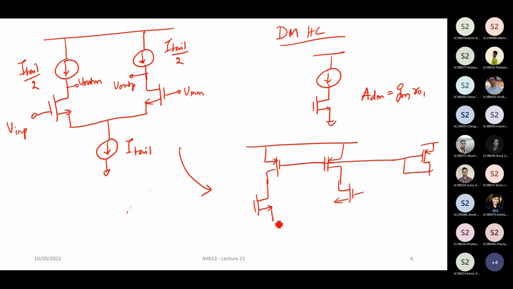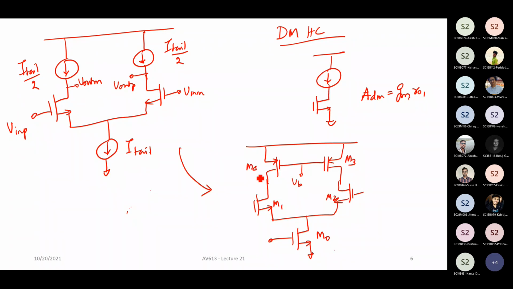In practice, it is biased slightly differently, but we will look at it later. So let me just say, this is biased somehow, and this is your tail transistor. Let's call them M0, M1, M2, M3, and M4. Now this becomes V in P, this is V in M, this is your V out P, and this is your V out M.